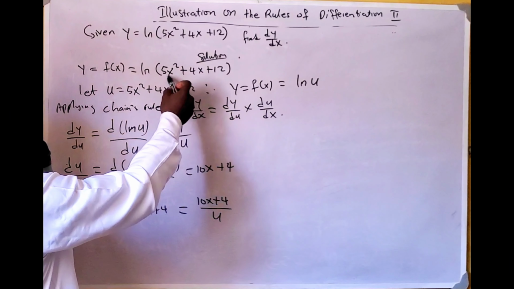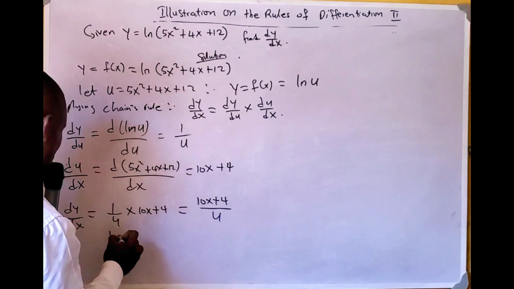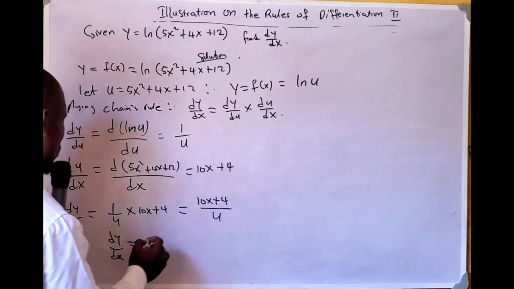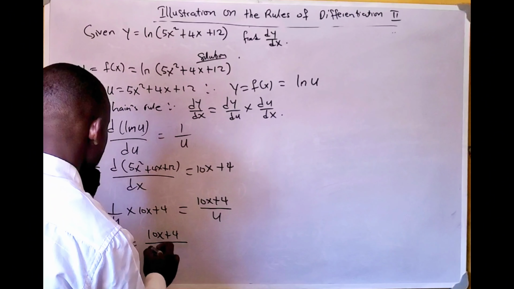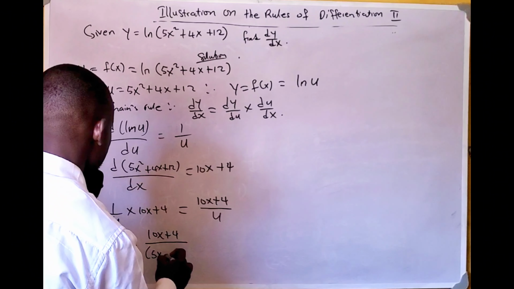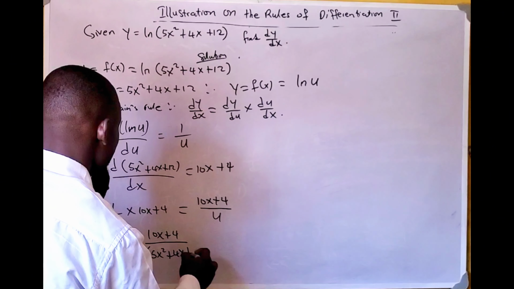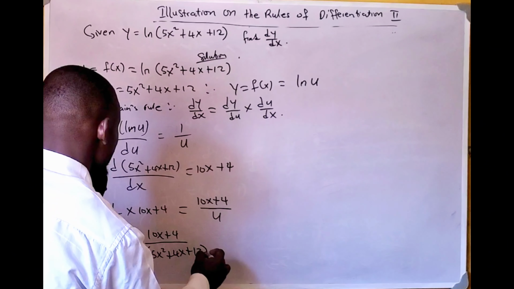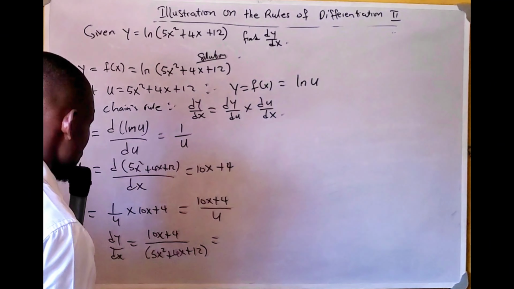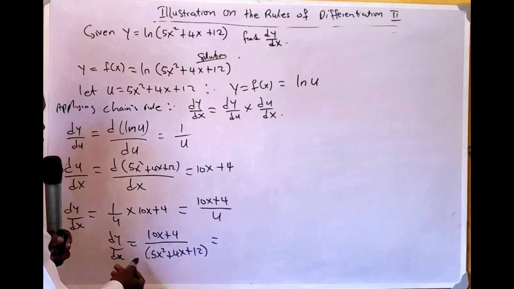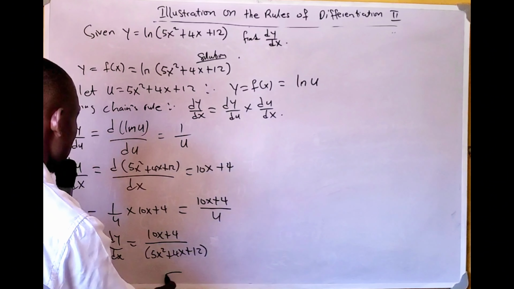Now recall, what's our u? Our u is 5x squared plus 4x plus 12. So substitute that here, so that our dy/dx equals 10x plus 4 all divided by 5x squared plus 4x plus 12. Now if we look at it, we cannot solve any further. We cannot factorize anything here. So therefore, this remains our final answer.